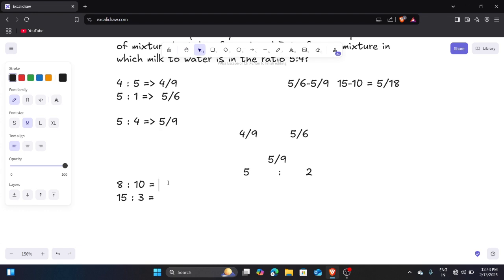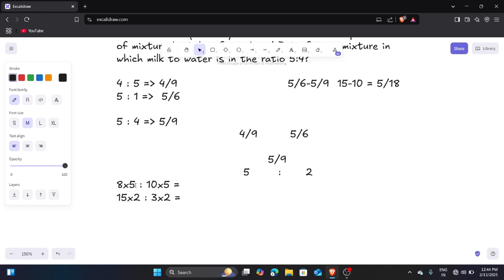So multiply by 5. When you multiply here by 5, because now we have to multiply 5 in the whole equation, then only we can get the ratio of 5. And here in the same way we have to multiply by 2.